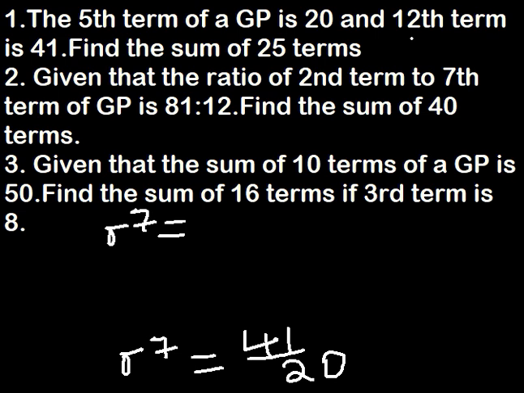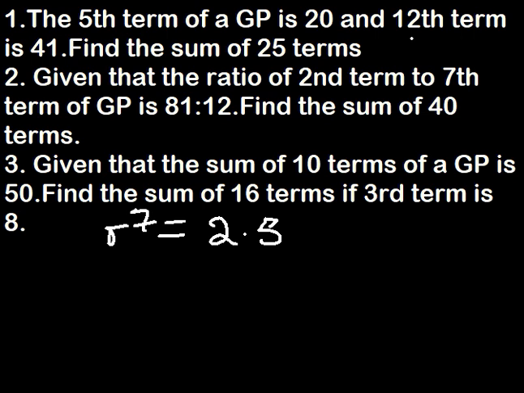If I think of expressing that as a decimal number, 41 divided by 20 we'll have as 2.05. So it should be 2.05 in that case.